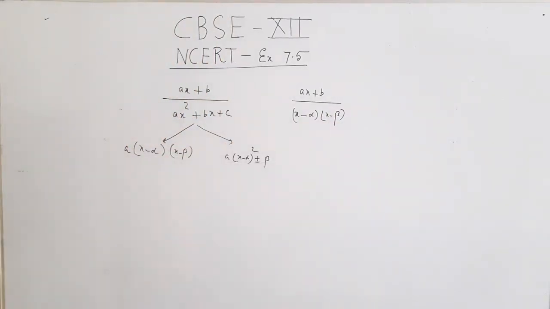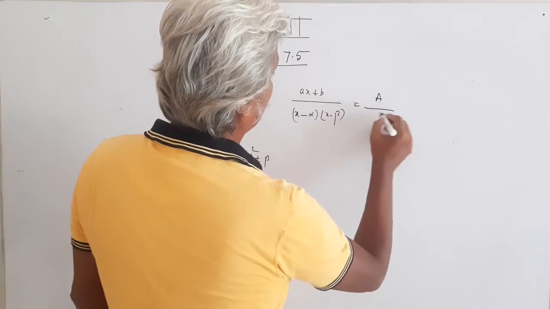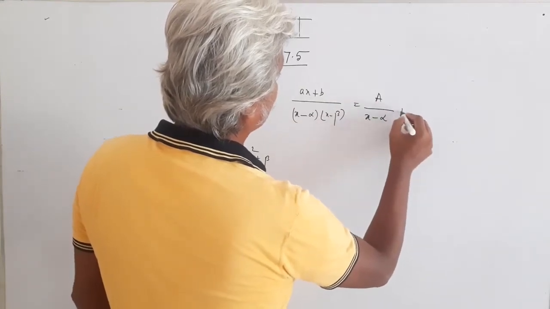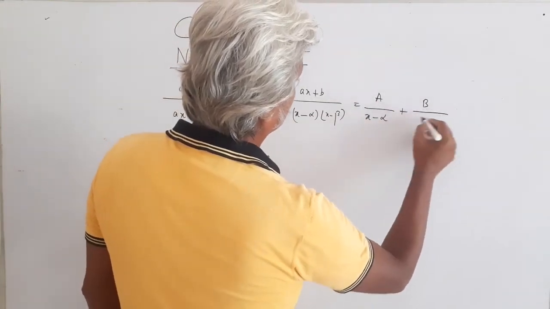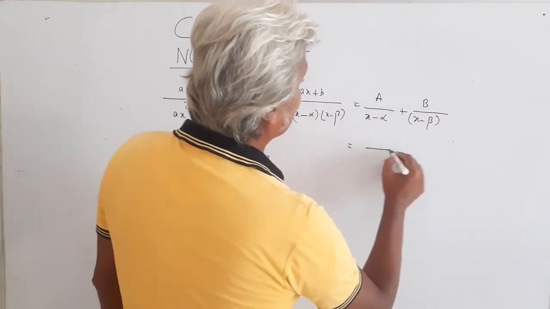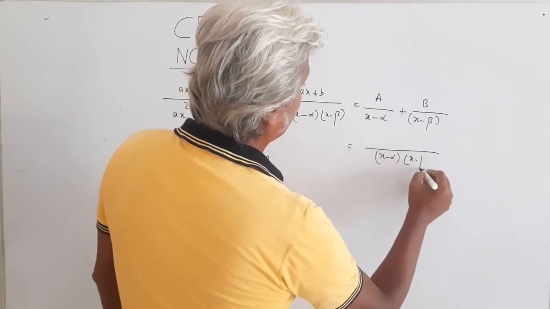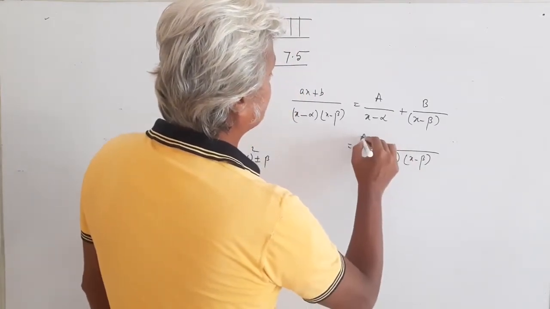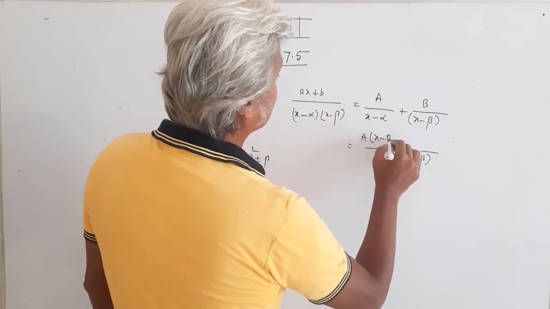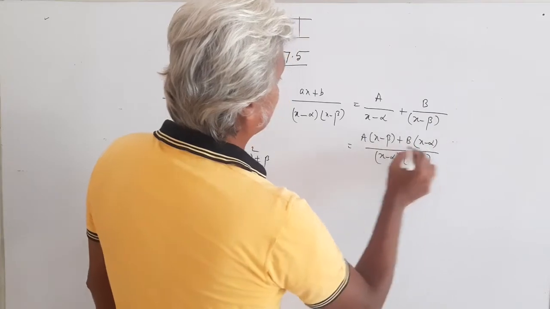When you have this particular form, you need to write this as A over (x minus alpha) plus B over (x minus beta). Then you find the LCM, (x minus alpha)(x minus beta). This becomes A(x minus beta) plus B(x minus alpha).